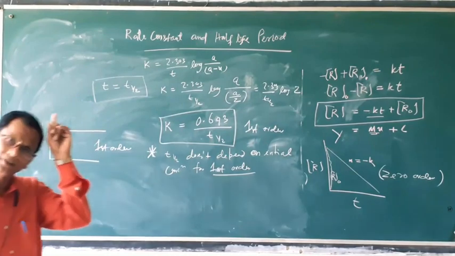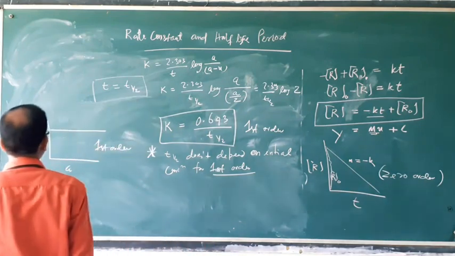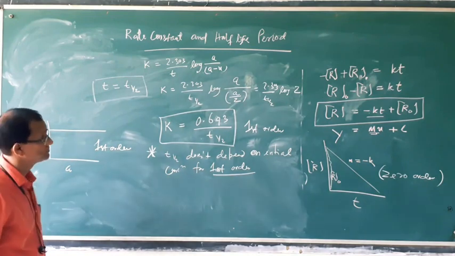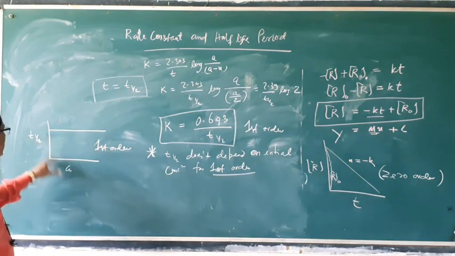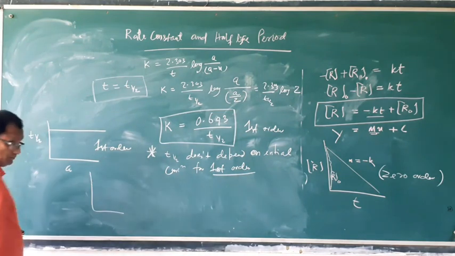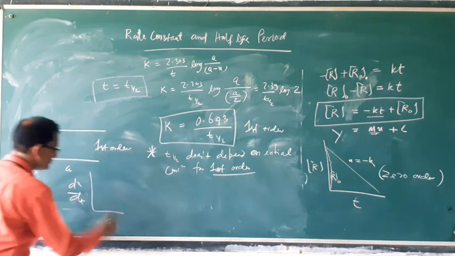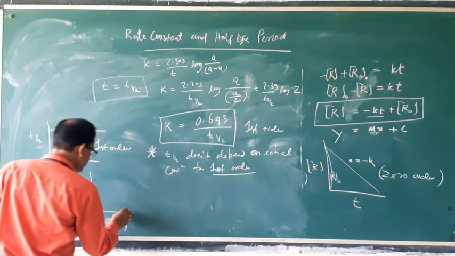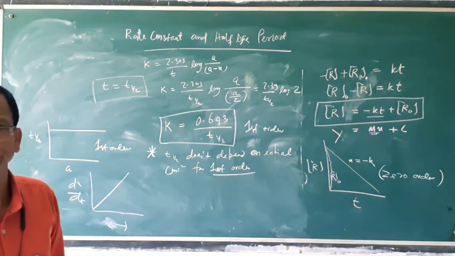But for zero order, we have already drawn it. It is a straight line passing through the origin, because a and t half are directly related, multiplied by k. You can check it from before. So for first order, t half and a are independent. But if you draw the graph of rate versus concentration for first order, it will be directly related.